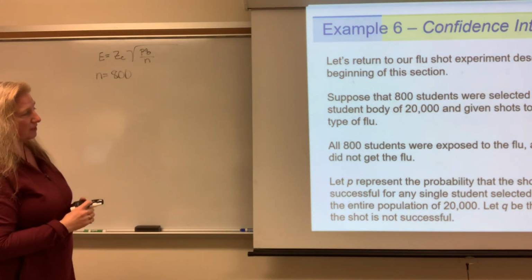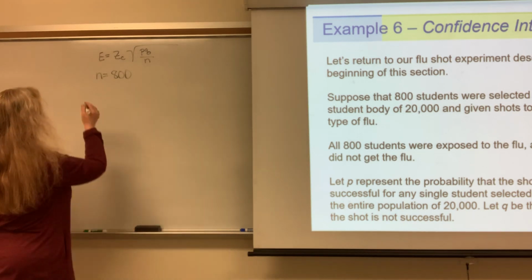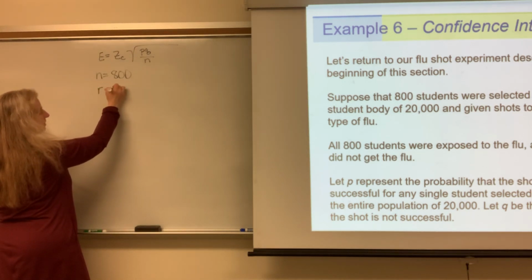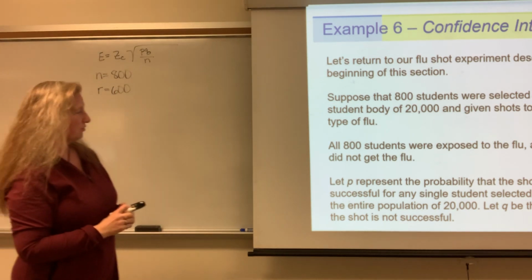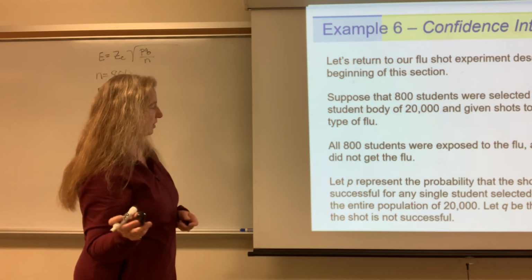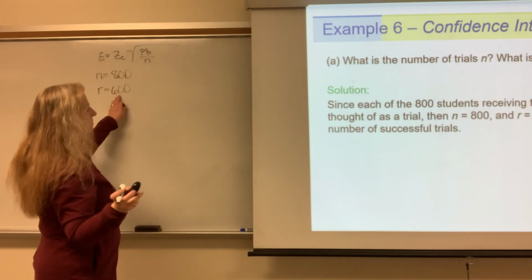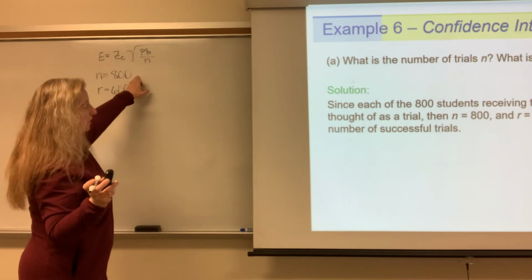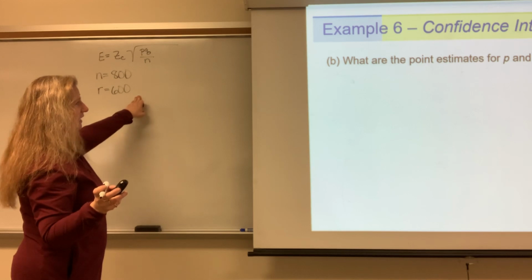Let P represent the probability that the shot will be successful. So success is they don't get sick. So R is 600 for any single student selected at random from the population. N is my 800, that's my number of trials. R is how many didn't get sick.